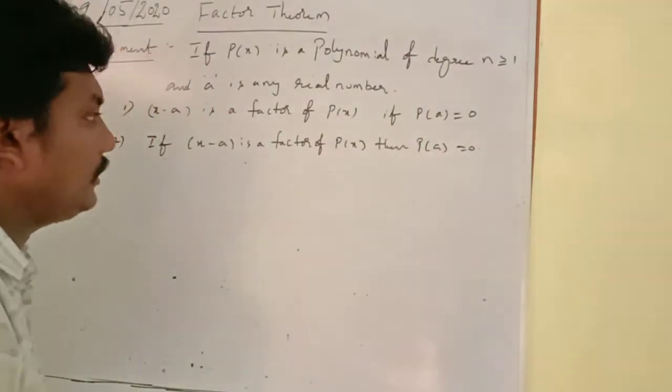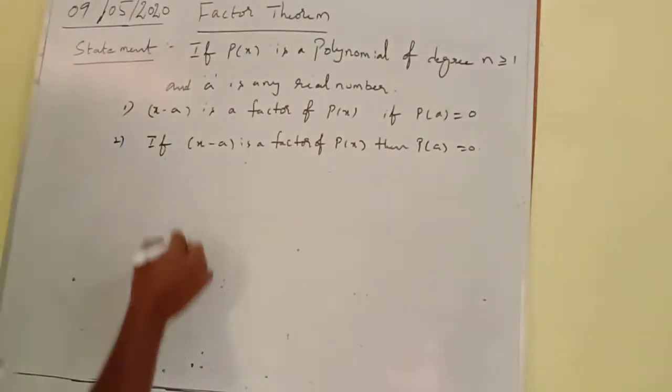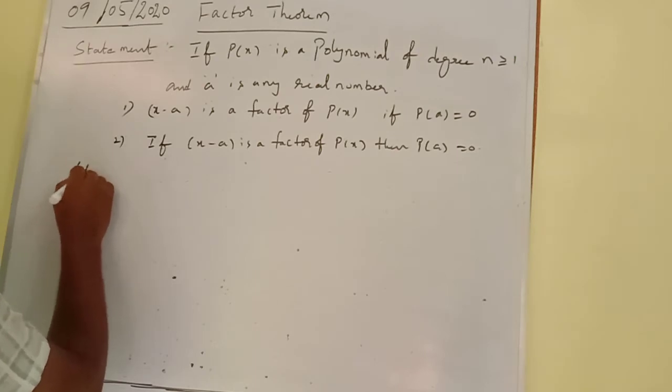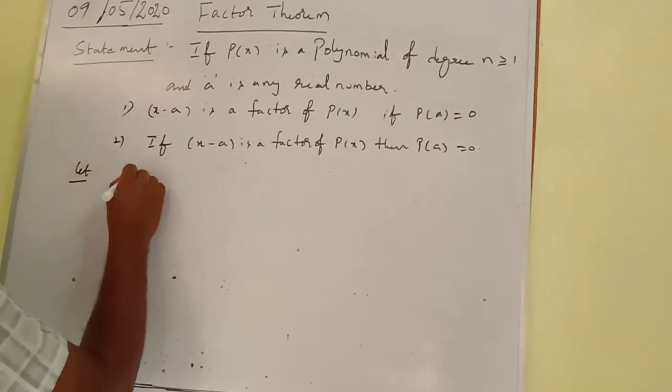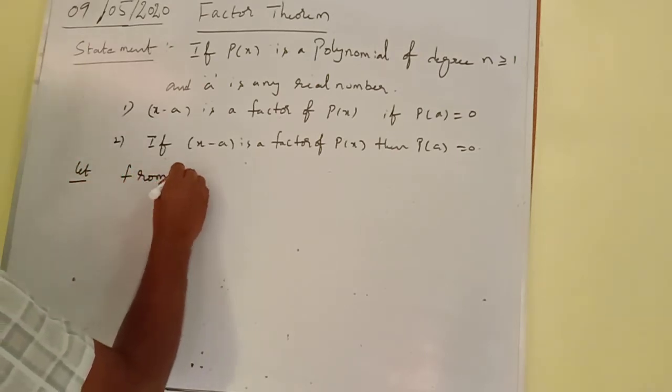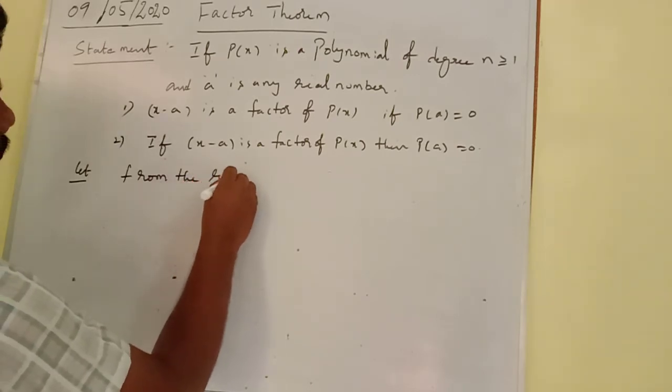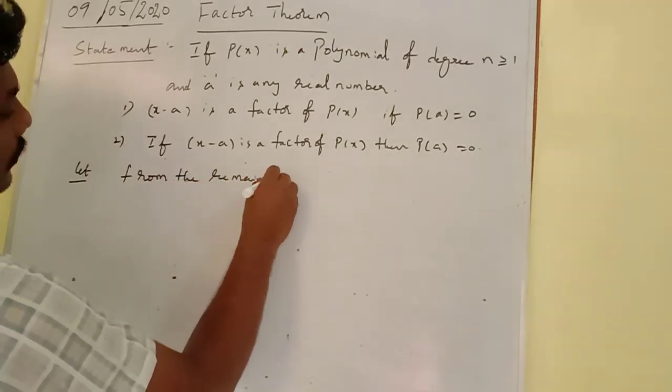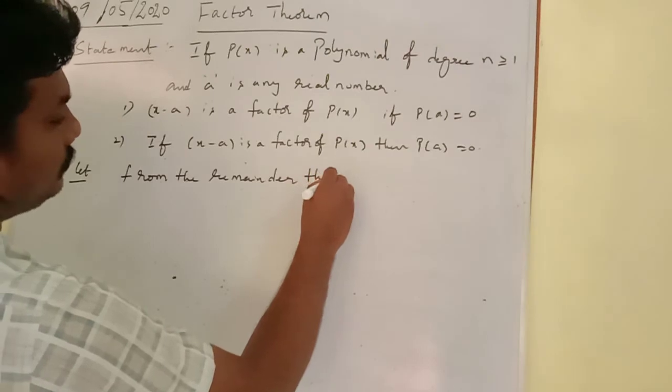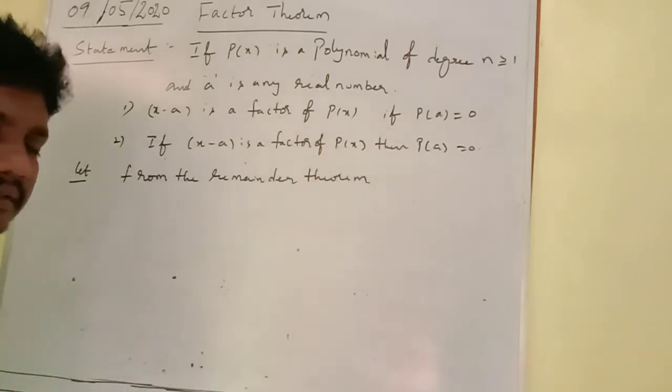How do we prove the factor theorem? We use the remainder theorem. So what is the remainder theorem?